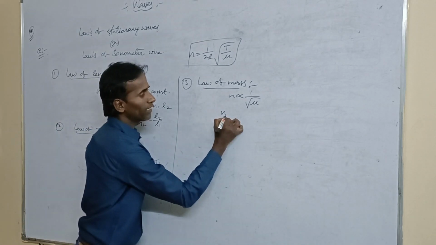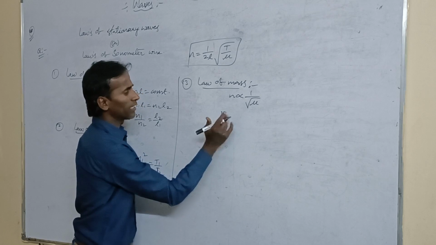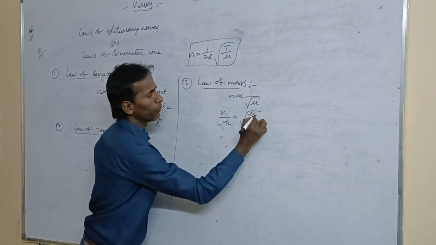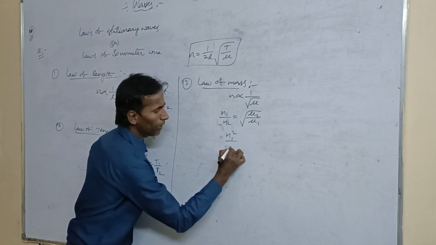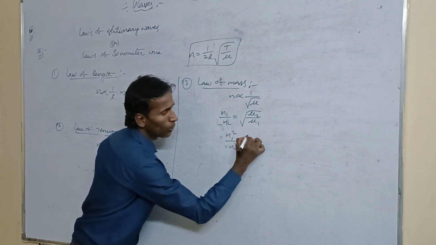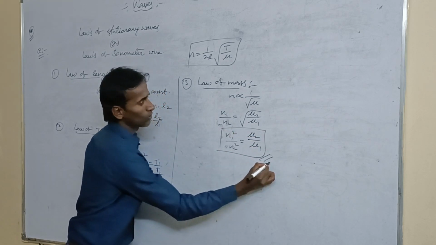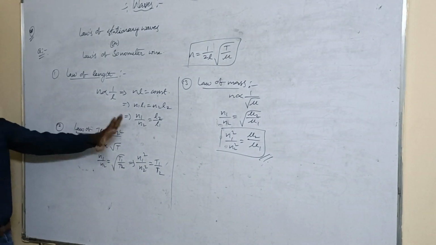Then we can write N1 by N2 is equal to under root of mu2 by mu1. Or we can write N1 square by N2 square is equal to mu2 by mu1 without roots. Without root we can write this one also. So these are the three types of laws.